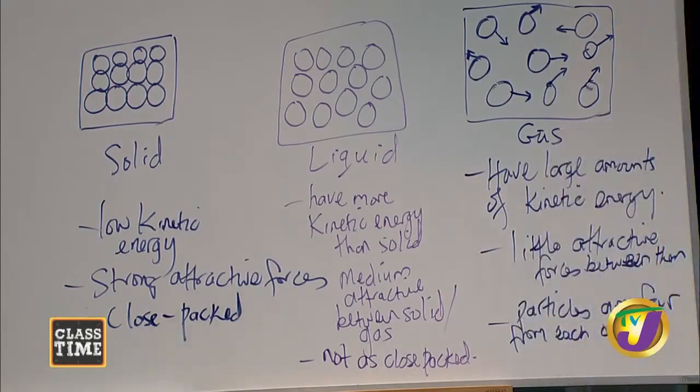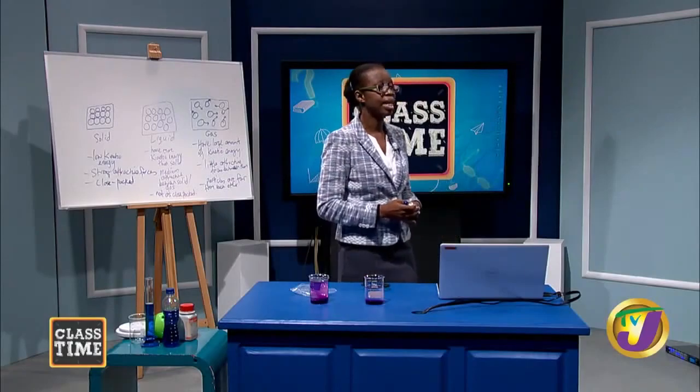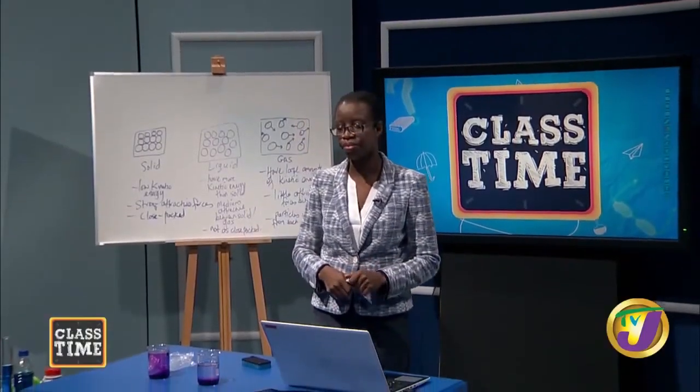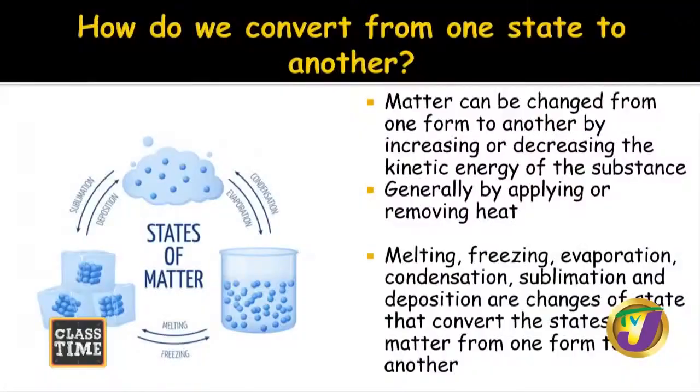Okay. Now, how do we convert from one state of matter to the next? So if I have a solid and I wanted to change it into a liquid or a gas, what would I need to do to convert from one state of matter to the next? Now, when we looked earlier at the arrangement of the states of matter, we were able to show that the energy of the particles basically differ.